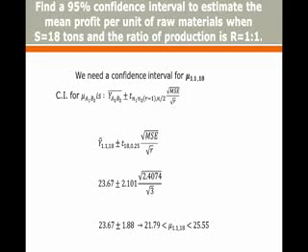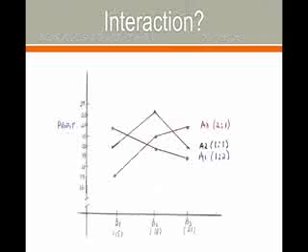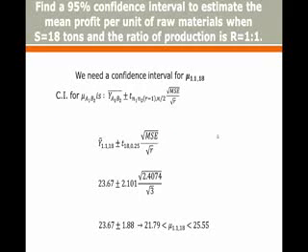I can take one interval at a time without using Tukey or Bonferroni. So find a 95% confidence interval to estimate the mean profit per unit of raw materials when I use 18 tons and the ratio is 1 to 1. We saw over there that it was the best profit. Let's find that confidence interval.